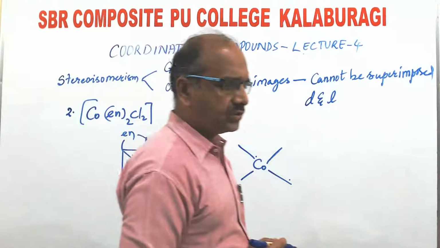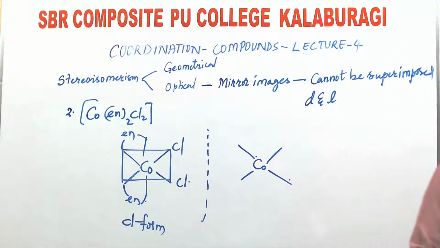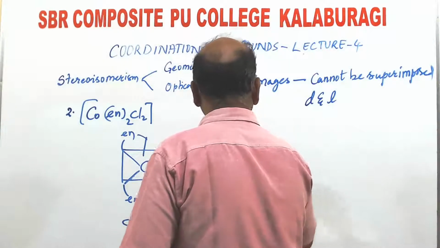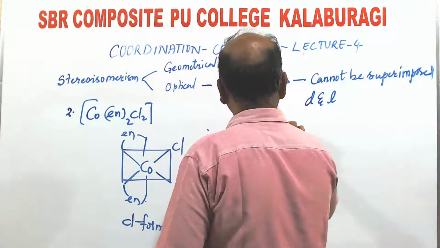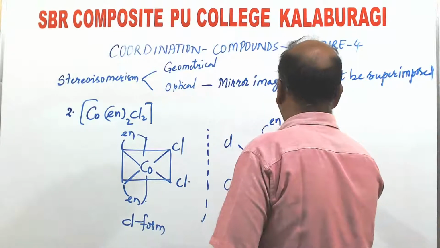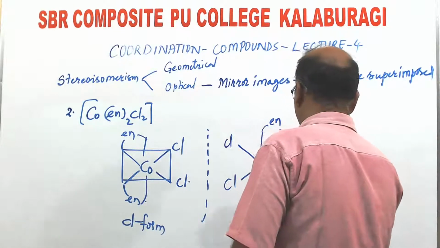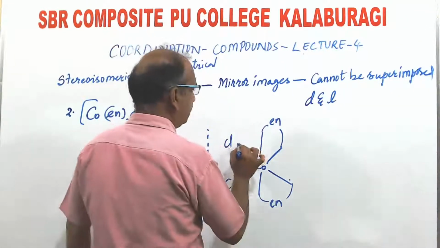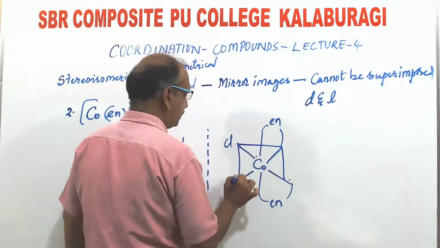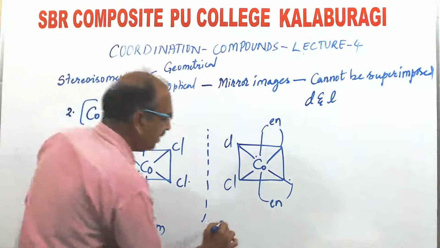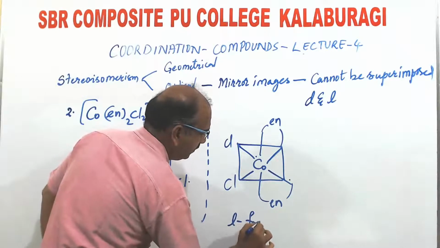Then chlorine is going to be in the mirror image form. Chlorine here and here, and ethylenediamine here and here. So if you bond like this, that is going to be another isomer. Okay, so this will be the L form.